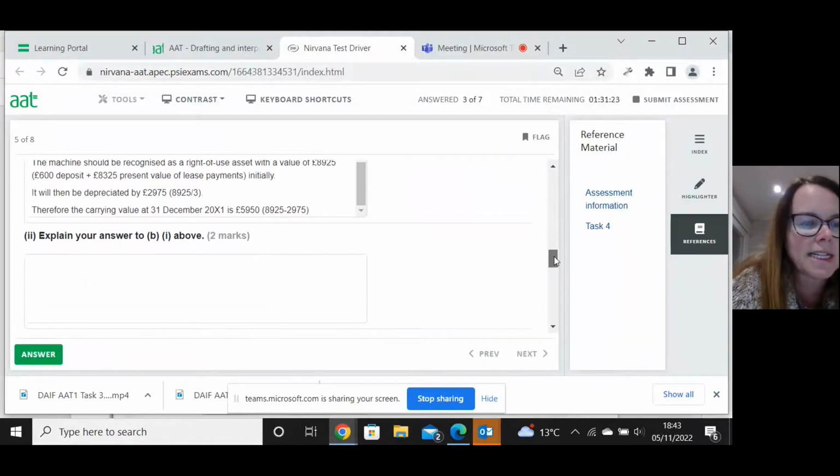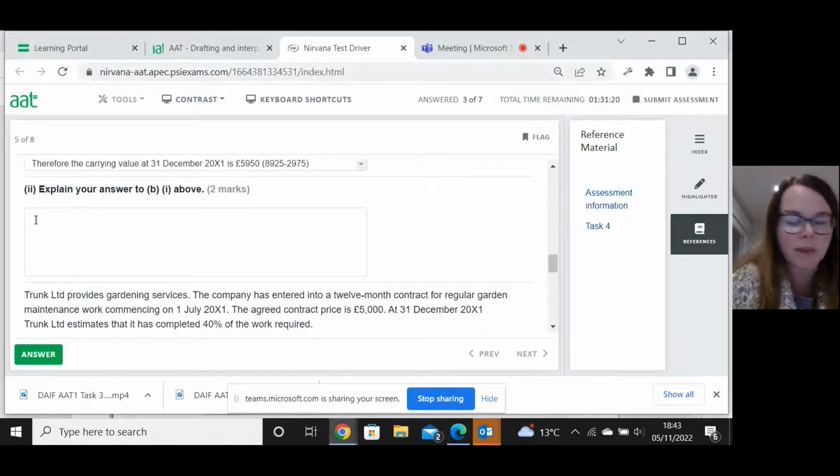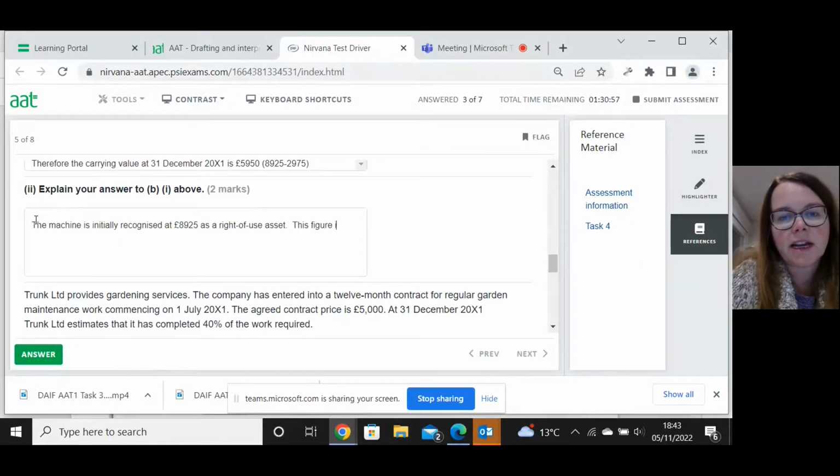So then in part 2, it says explain your answer. So we need to say here, the machine is initially recognised at 8,925 as a right of use asset. This figure is the initial deposit paid plus the present value of the lease payments.